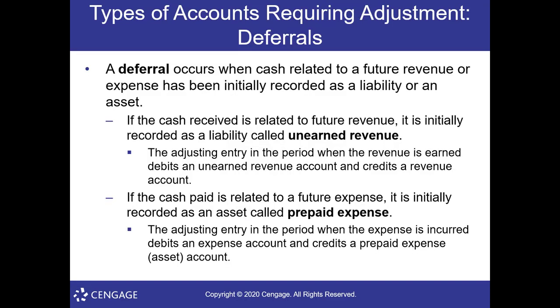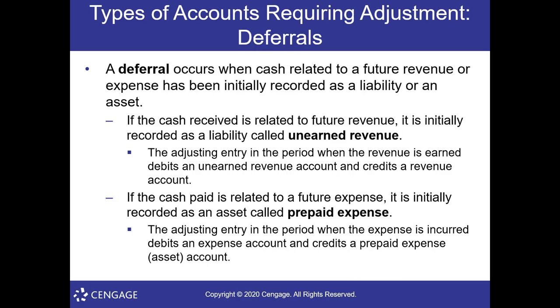Deferrals, cash has changed hands. So if you have a deposit or a prepayment from a customer, then you have unearned revenue. So this is the case of an airline that has accepted your cash when you made a reservation. It's a liability for them until such time that you board that aircraft and they take you to your final destination. At that point, the revenue process is complete and they get to record the revenue.